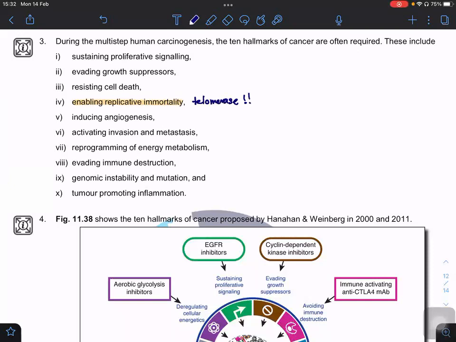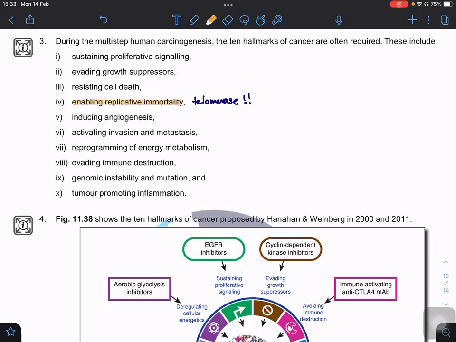Can you see that? Telomerase activity is high so that they can continue to multiply. If they don't have telomerase activity, after a few generations the cell won't be able to multiply anymore. Correct or not? So telomerase activity is very, very high. Okay? Next.